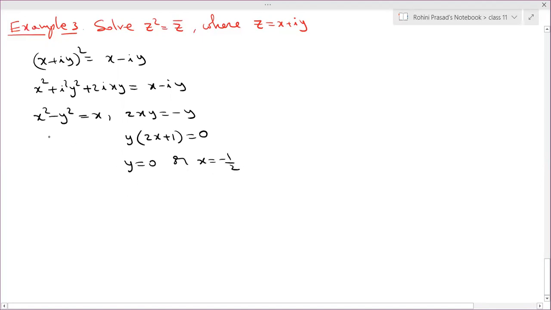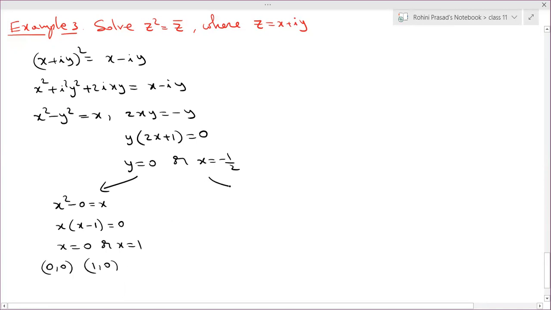So in case 1, y equals 0, substitute in this: x squared minus 0 equals x. Bring x to the LHS and take common, x(x minus 1) equals 0. So x equals 0 or x equals 1. That means (0, 0) is one answer, (1, 0) is one answer.